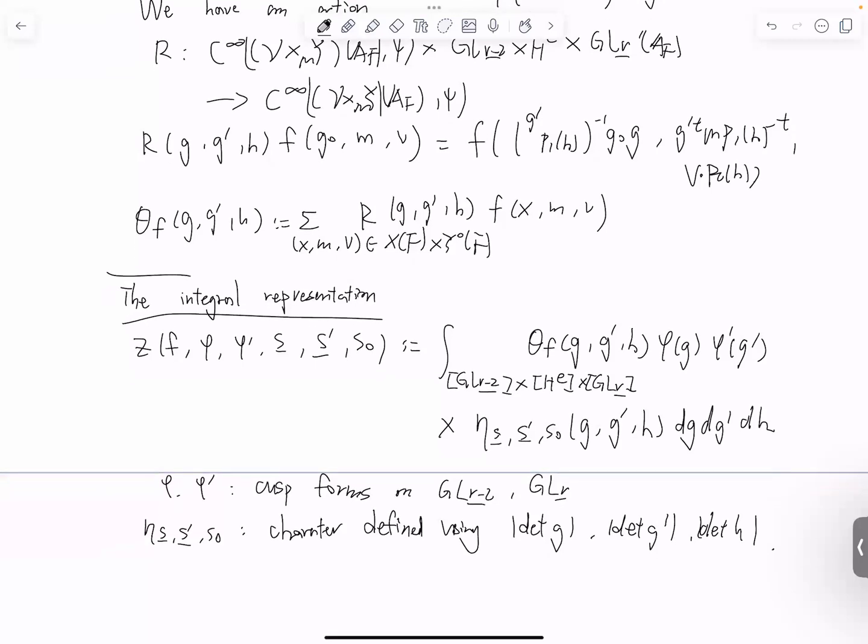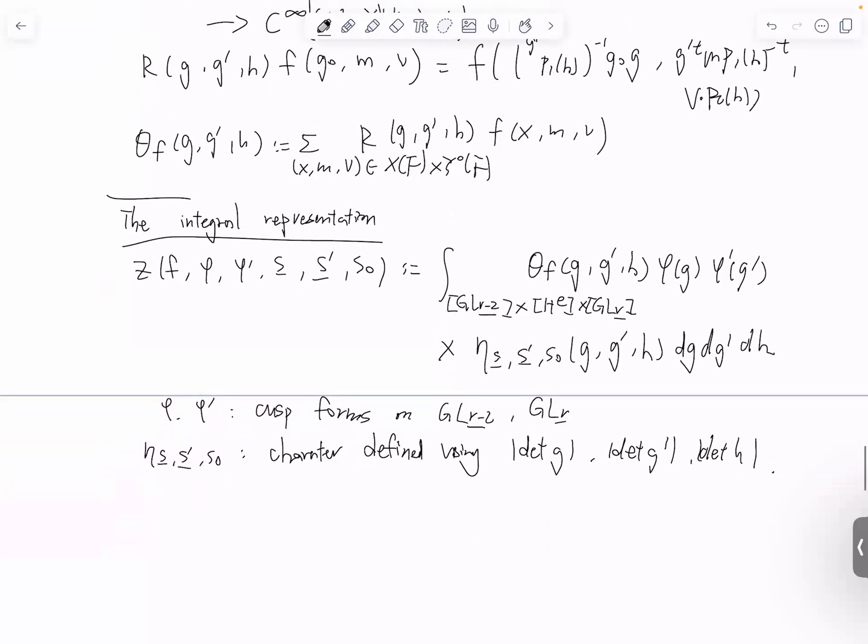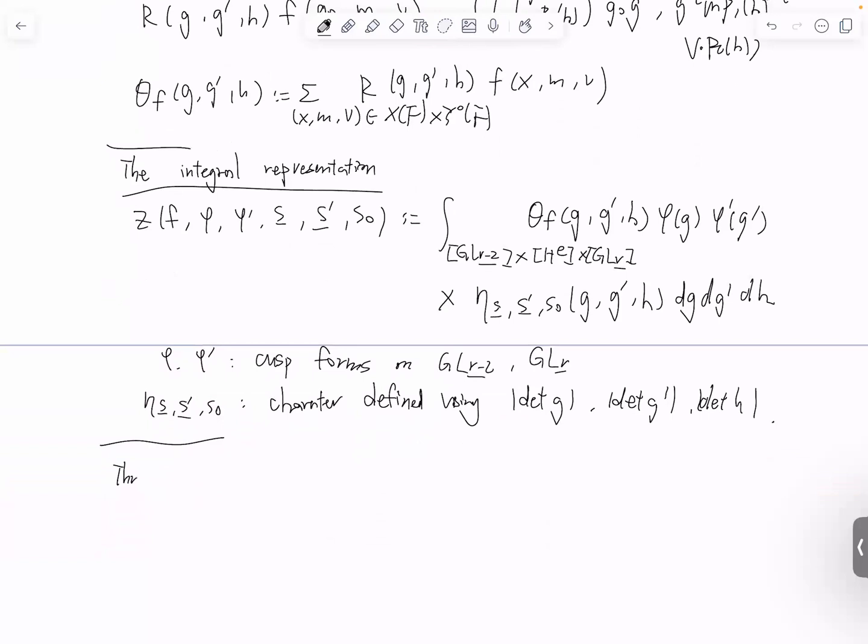So generalizing the Godement-Jacquet theory, we have defined the theta integral using cusp forms and some theta series. So using this integral representation, we then prove two theorems.